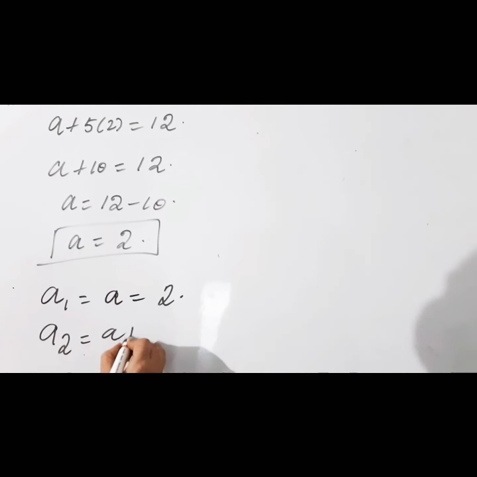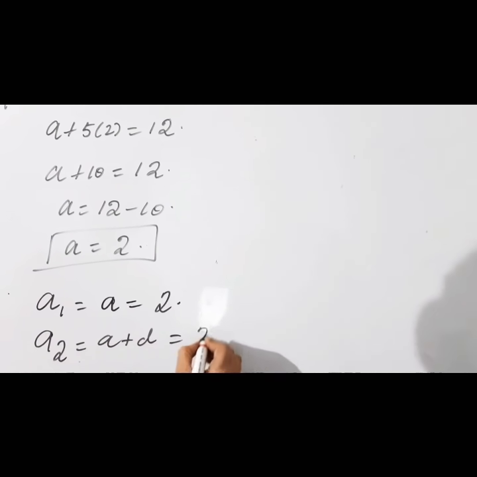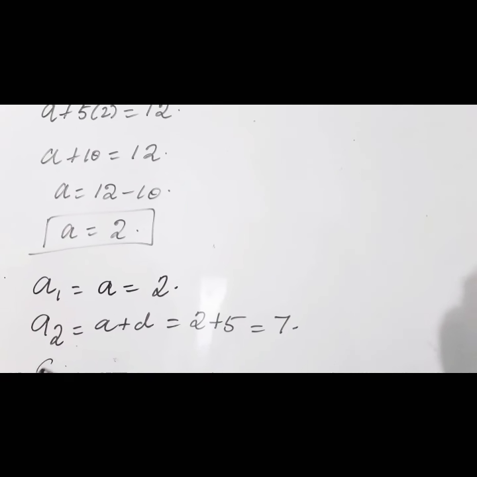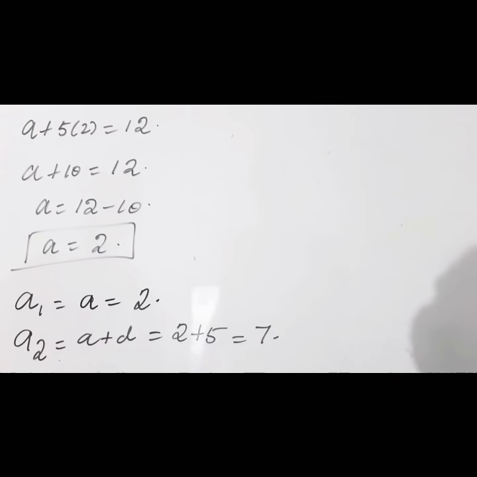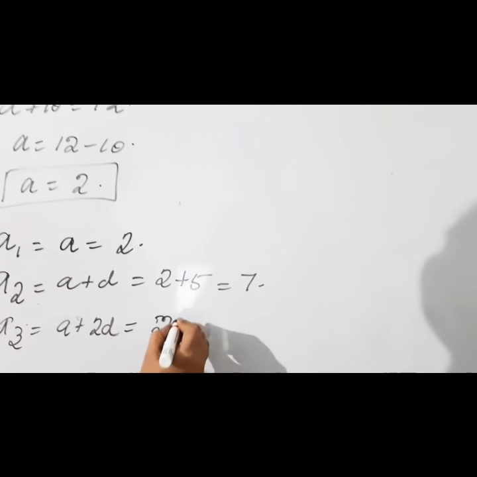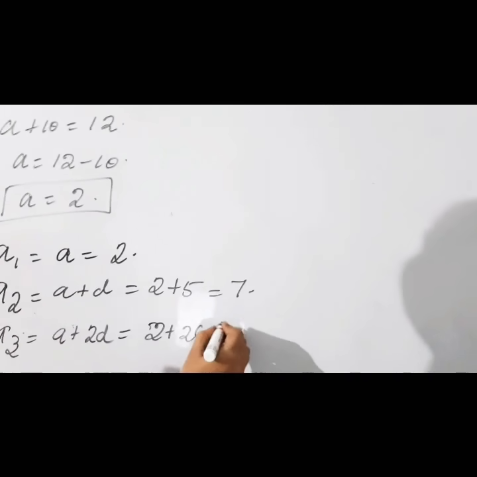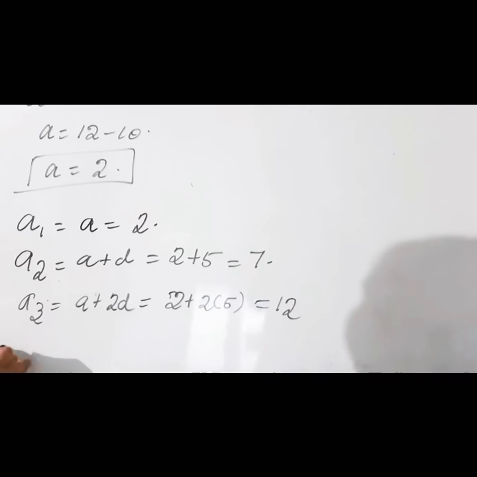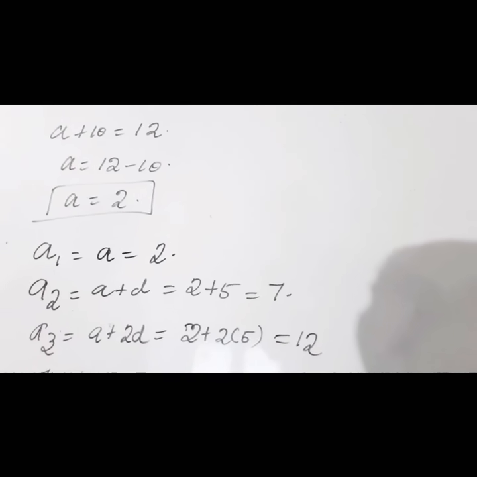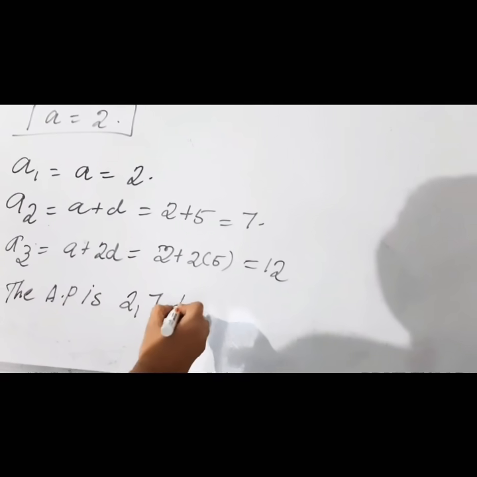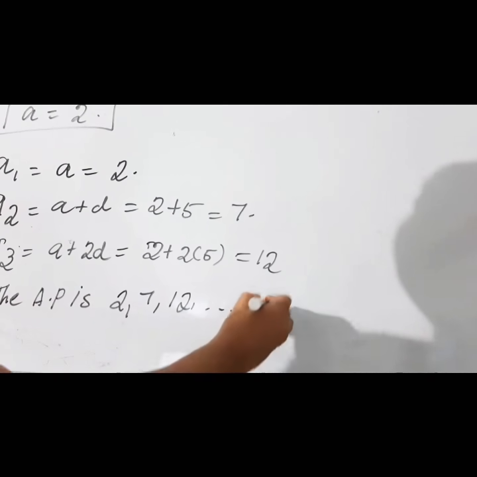Second term is A plus D, which is equal to 2 plus 5, that is 7. What is your third term? A3 is A plus 2D, which is equal to 2 plus 2 into 5, which is equal to 12. Therefore, the AP is 2, 7, 12, etc.